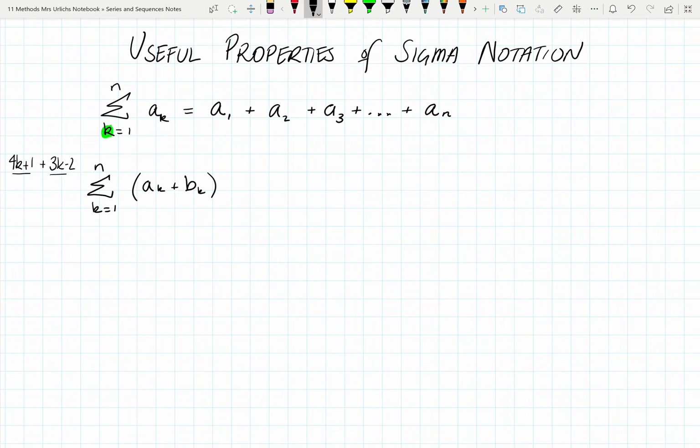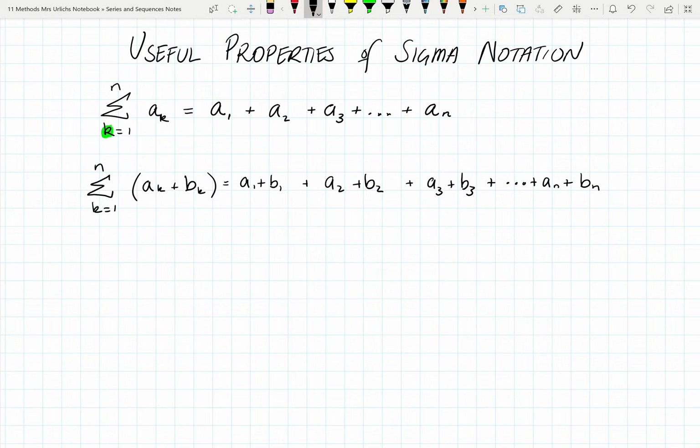So these are each terms involving k, and we're adding them together. So if we just expand that out and see what it looks like, it's going to be a1 plus b1, so we let k equal 1 for both a and b, plus a2 plus b2, plus a3 plus b3, plus all the way through to an plus bn.